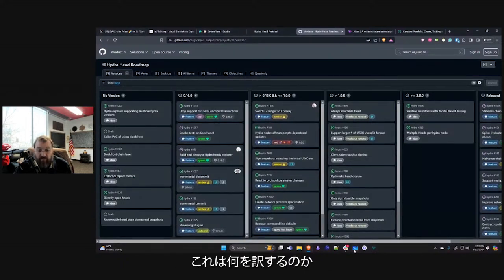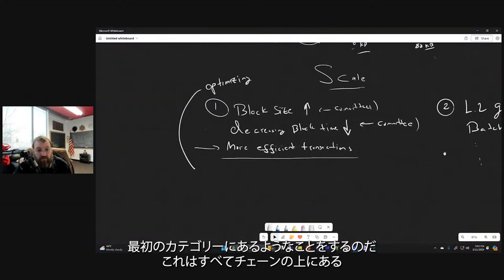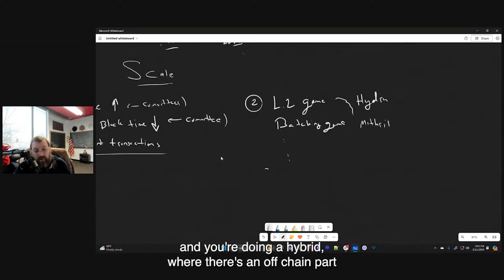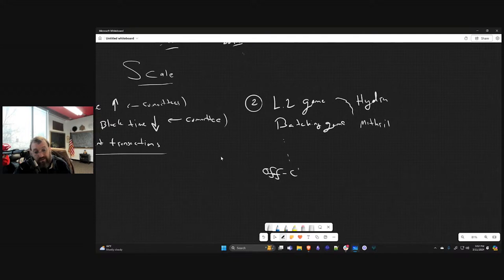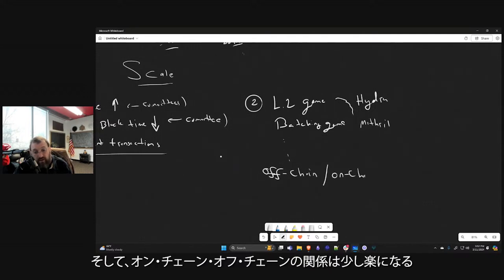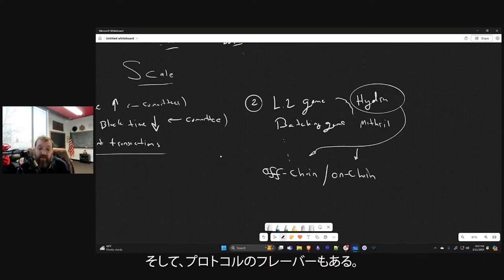It translates to, instead of doing things in your first category where this is all on chain, you start moving into a paradigm where you're doing a hybrid where there's an off-chain part and there's an on-chain part, and that on-chain, off-chain relationship gets a little easier. So Hydra is kind of that linking tissue between the two. And then you have flavors of the protocol.